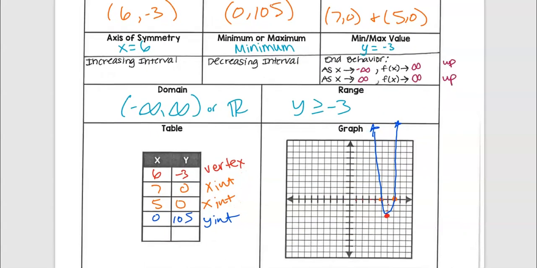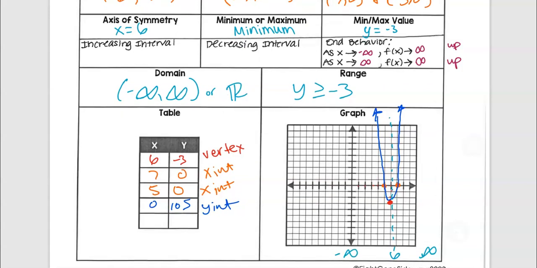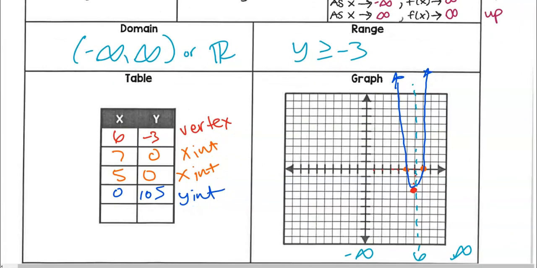There you go. All right, so now I can do my increasing and decreasing intervals. This is where we're turning. That's an x value of 6, right? So as I walk in from -infinity up to an x value of 6, are we increasing or are we decreasing?